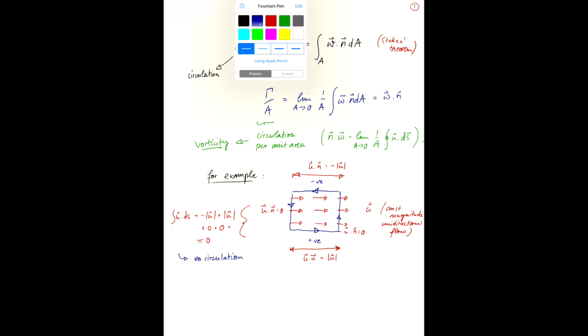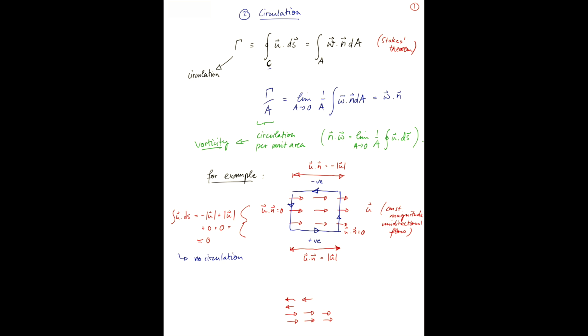Let's consider a different example. Say we have a velocity field that flows to the right in the lower half of our domain and to the left in our top half. So in this case, if we consider the same boundary loop and again integrate in the counterclockwise direction, then up top we have u dot n equals u, the magnitude of u, because now the flow is in the direction of our integral.